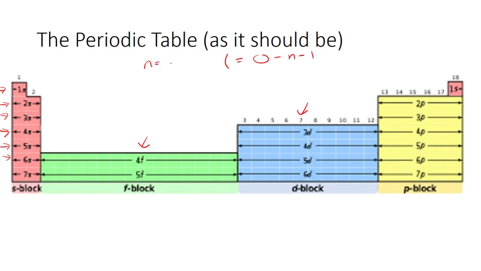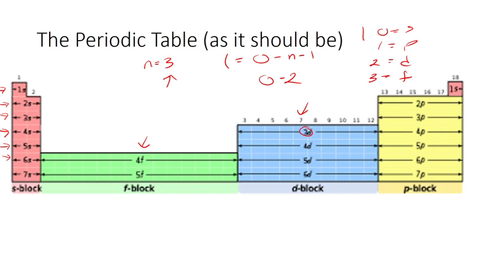If n equals 3, that would be 0 through 3 minus 1, or 2. And for l, 0 is s, 1 is p, 2 is d, 3 is f.